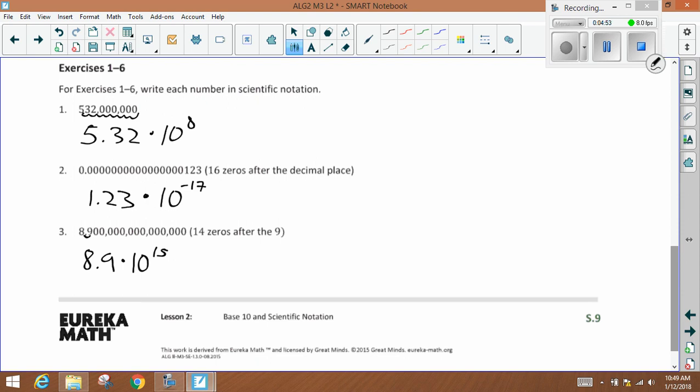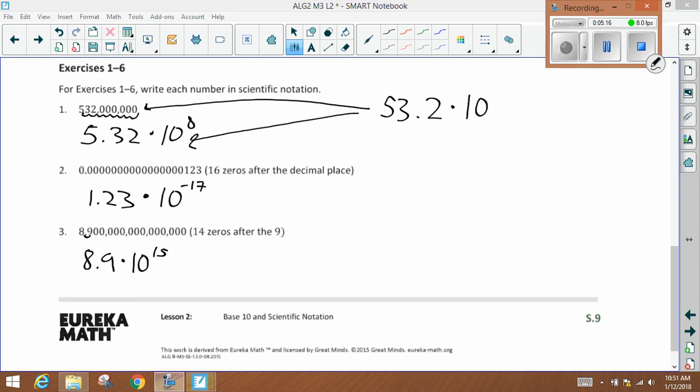So let's write something equivalent. So 53.2, if we want this to be equal to both of these things.